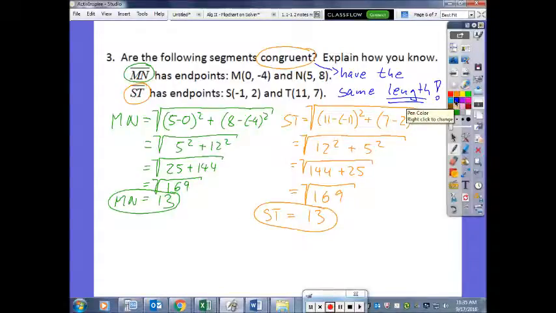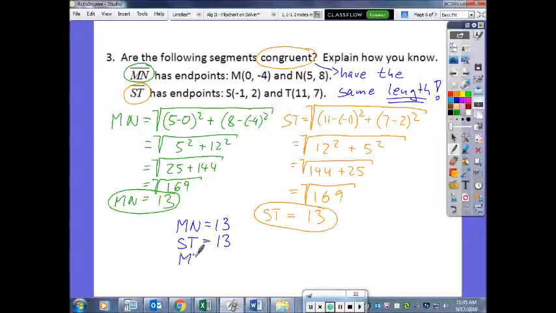Very well. So let's explain our answer, reason and argue our answer. And we're going to do it in the shape and form of a logic argument. We found out that MN is equal to 13 and ST is equal to 13, and in both cases we're talking about the length of the segments.